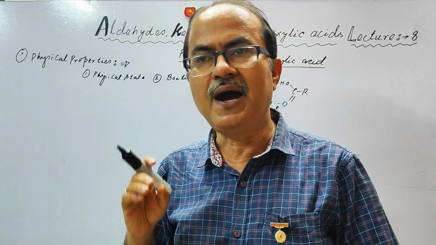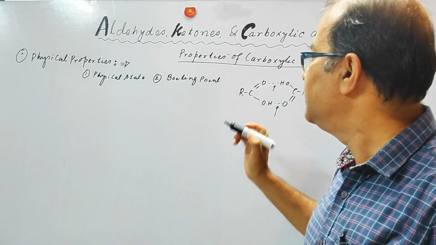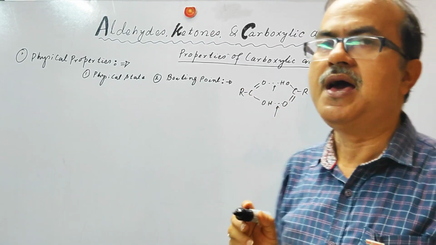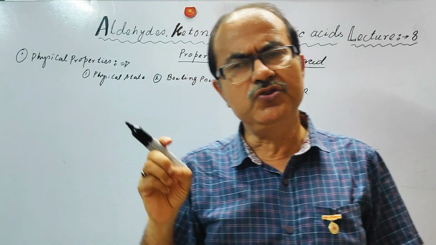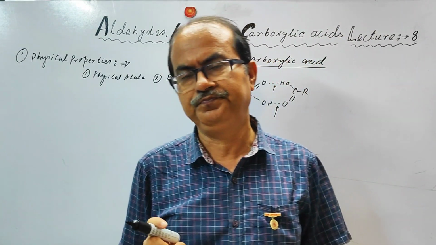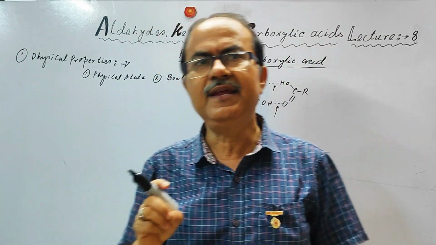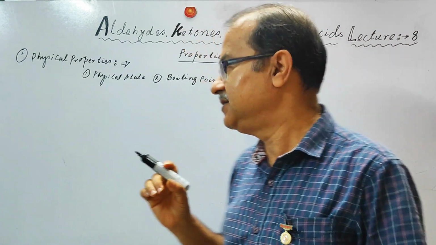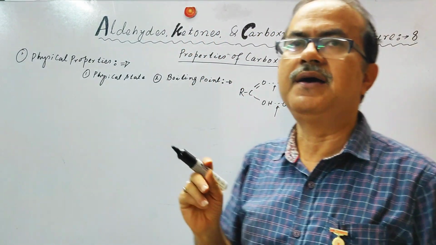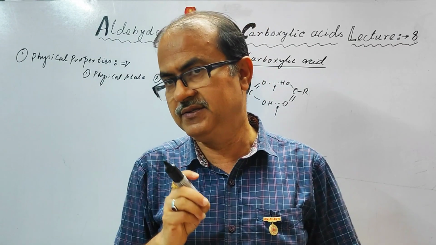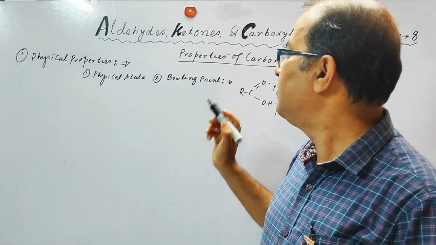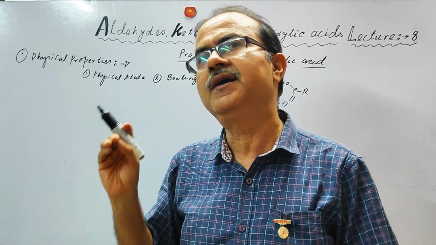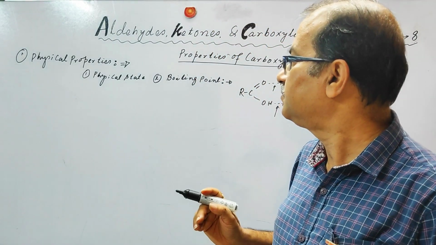So it has a higher boiling point than the other organic compounds, and this hydrogen bond is so strong that it can even be present in the vapor stage. In the vapor stage, the carboxylic acid is present as dimers. So you understand that the boiling point of the carboxylic acid is higher than any other organic compounds.